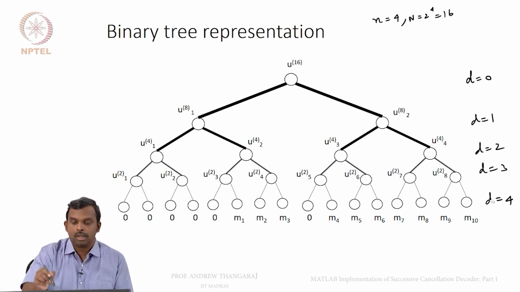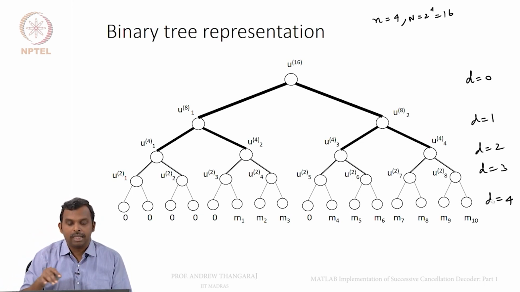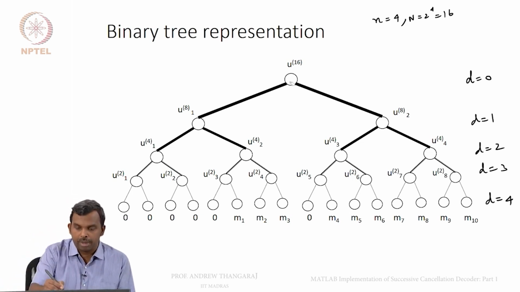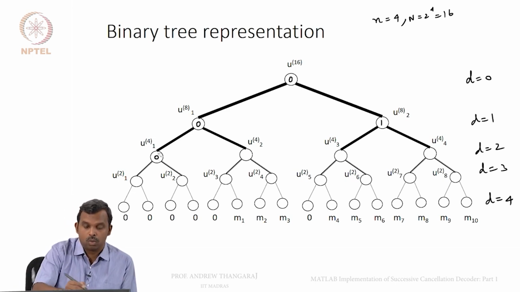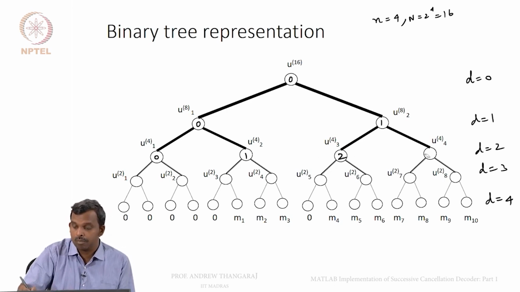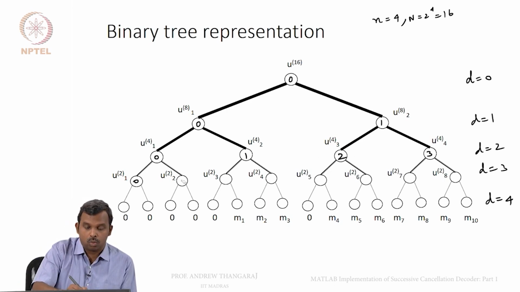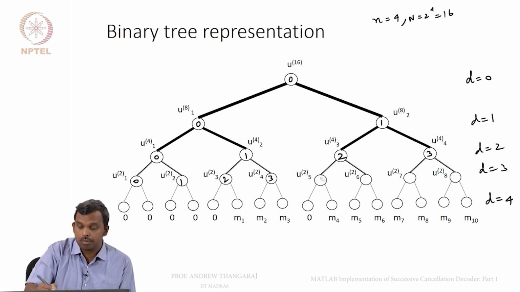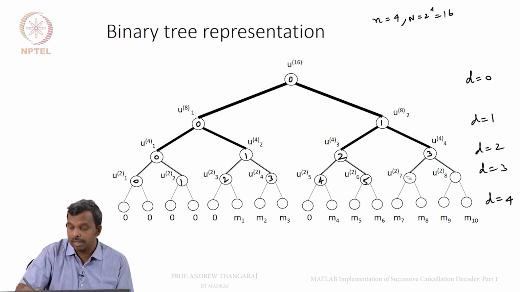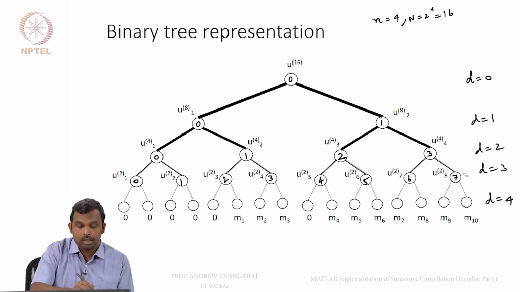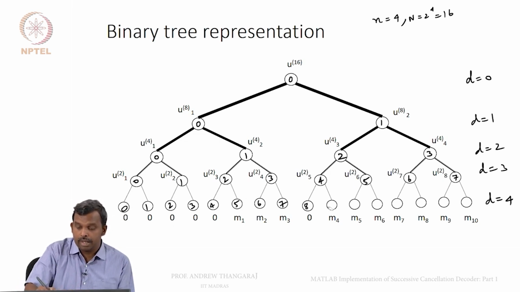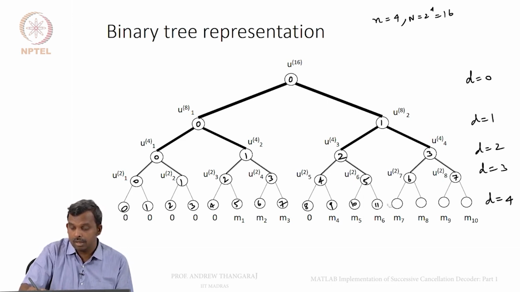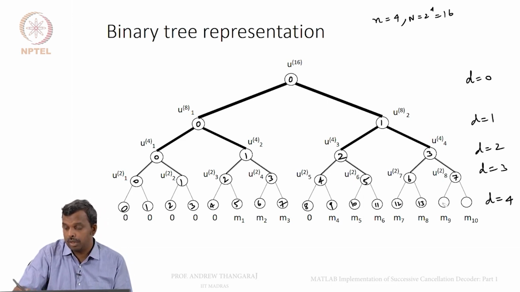So depth tells you at what depth you are, and then what about the node? The node numbering will start with 0 and then go 0, 1, then 0, 1, 2, 3, then 0 to 7, and then 0 to 15.